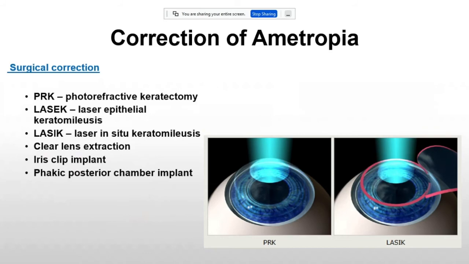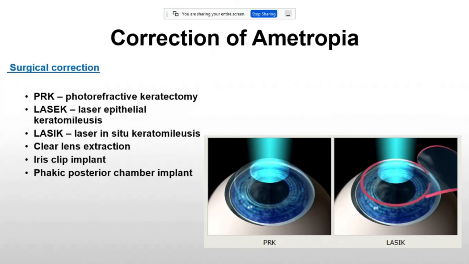Then came LASIK, without removing the epithelium, where you create a flap inside the cornea. The flap is lifted, the laser is performed, and then you bring back the flap, so this pain is avoided.